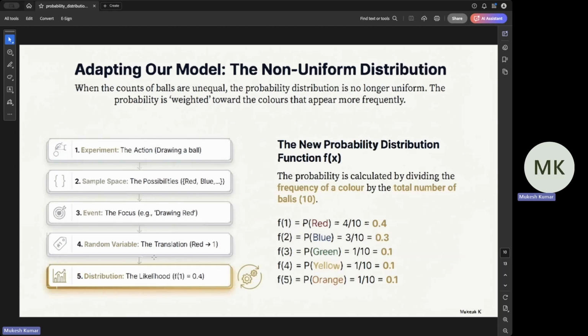It's just that the probability density function changes. In this case, the probability of the drawn ball being red in color would be 4 by 10 because there are 4 red balls in the bag containing 10 balls. Similarly, the probabilities for the balls of different colors being drawn out would be 0.3 for blue, 0.1 for green, yellow, and orange.